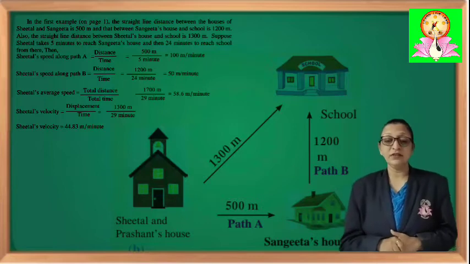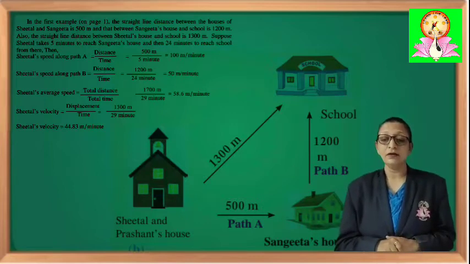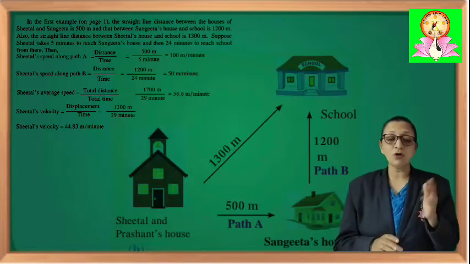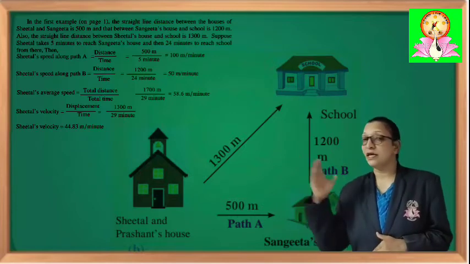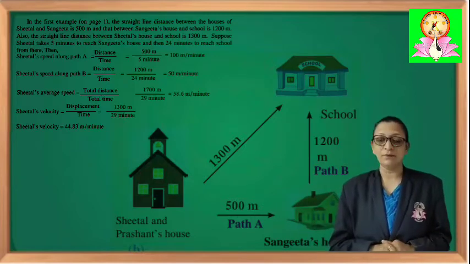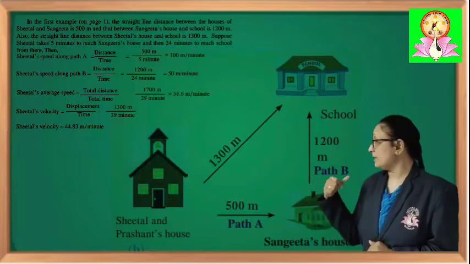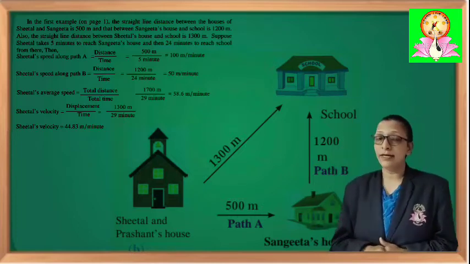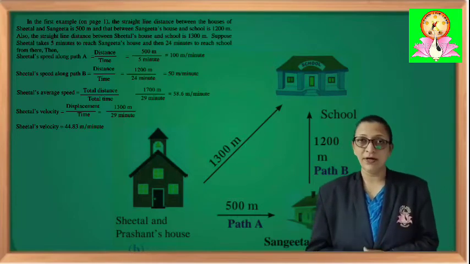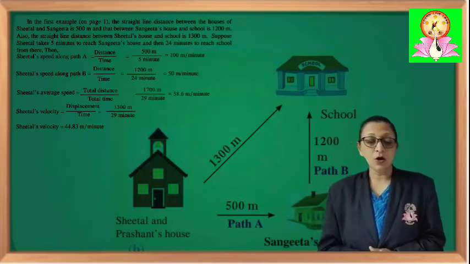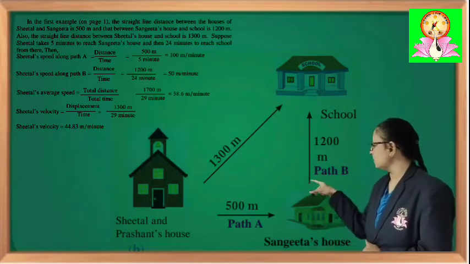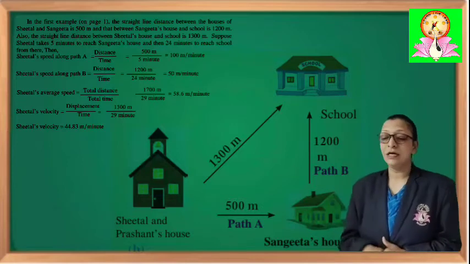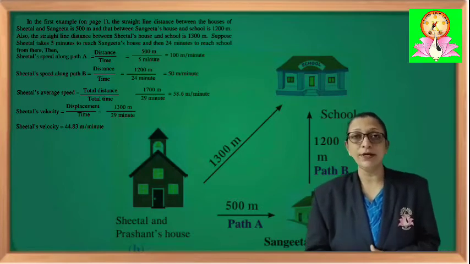Dear students, in this example, the straight line distance between the houses of Sheetal and Sangeeta is 500 meters, and between Sangeeta's house and school is 1200 meters. Also, the straight line distance from Sheetal's house to school is 1300 meters.